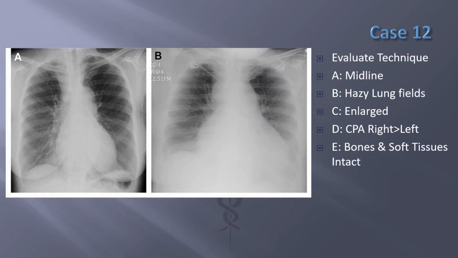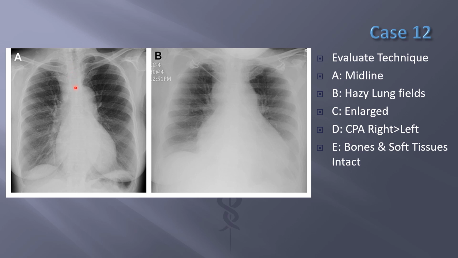Next case, this is an unusual case. This is something I mentioned prior about looking at previous studies, because this was very helpful in identifying the problem with this patient. So technique-wise, this was the prior study. You can see the vertebral bodies through the spinal processes.